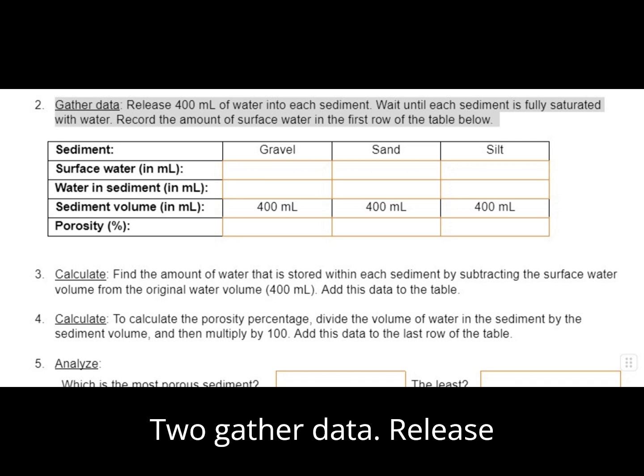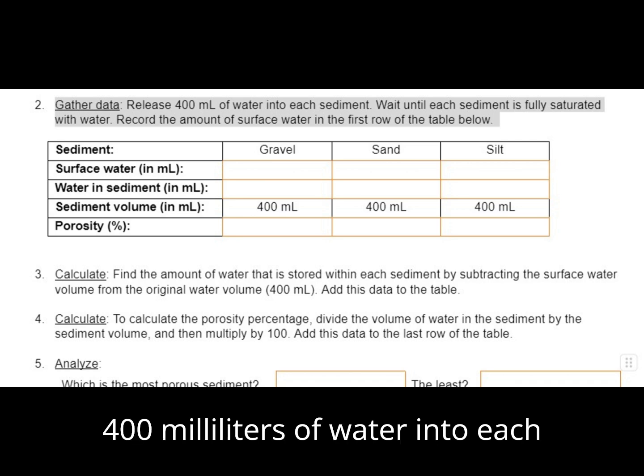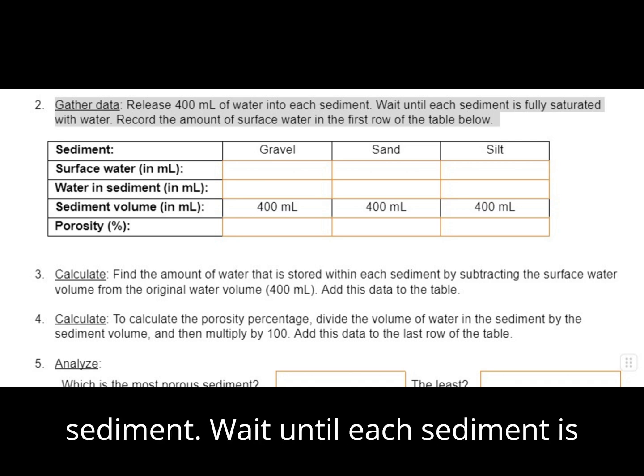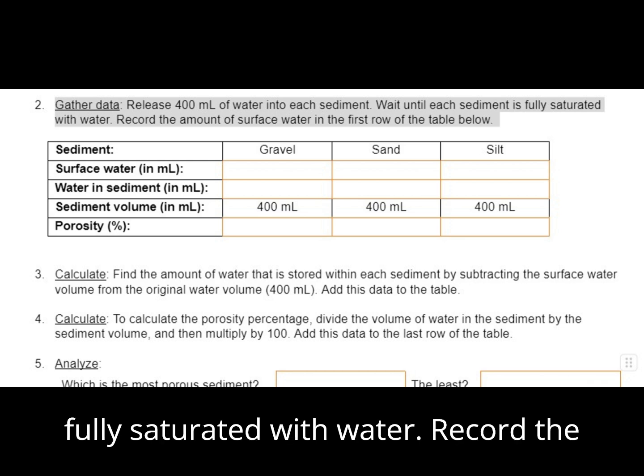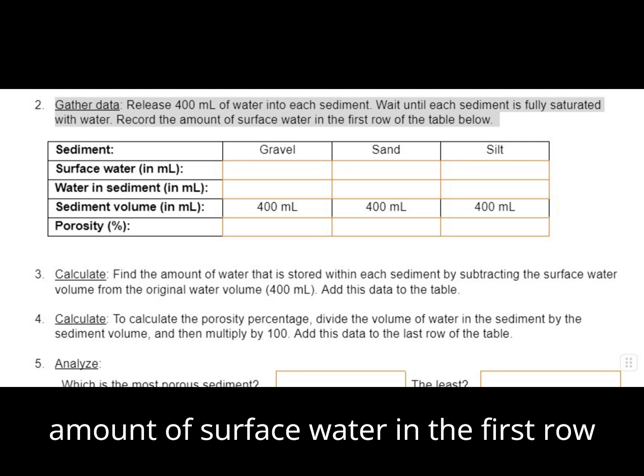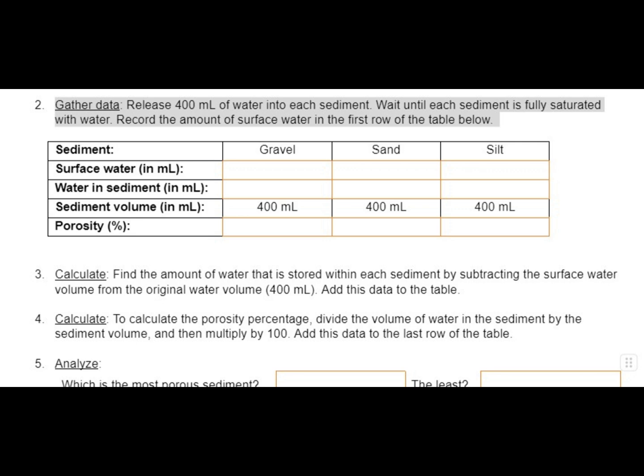2. Gather data. Release 400 milliliters of water into each sediment. Wait until each sediment is fully saturated with water. Record the amount of surface water in the first row of the table below.